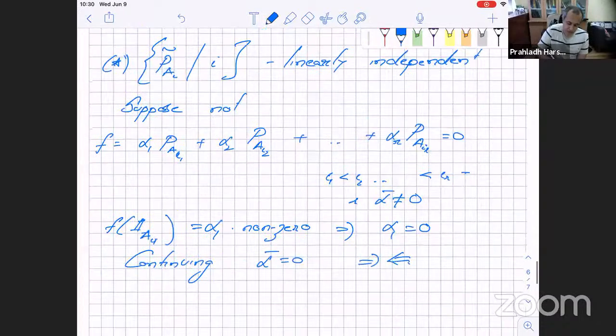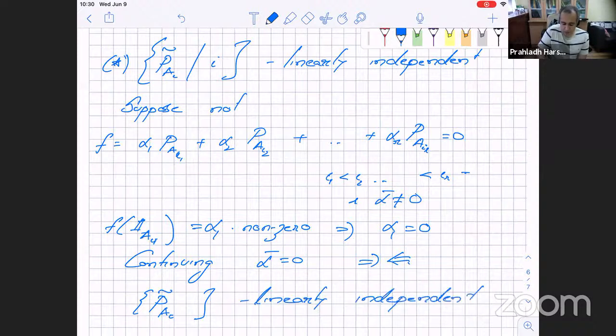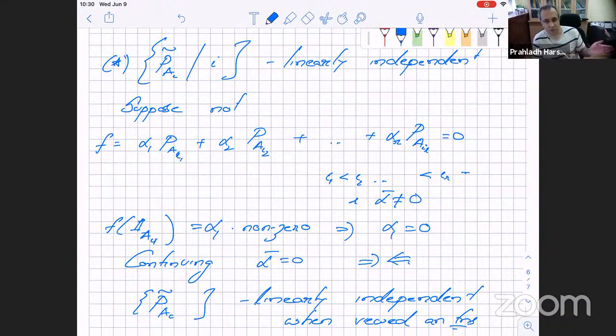All I claim is the P tilde A_i's are linearly independent when viewed as functions. So in particular, they are also linearly independent when viewed as polynomials. If there is a linear dependence as polynomials, there's a linear dependency as functions also. One direction is clear.